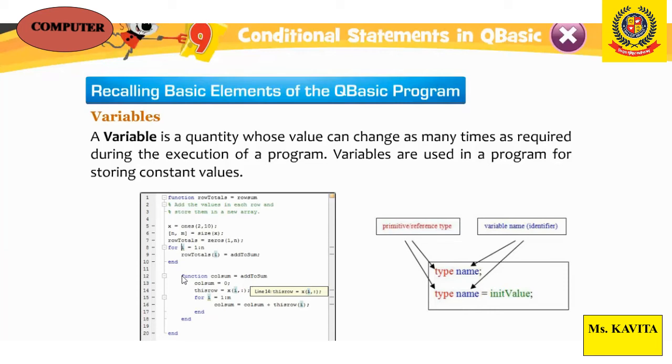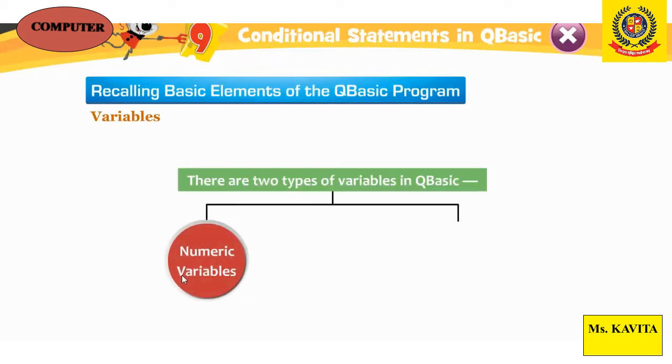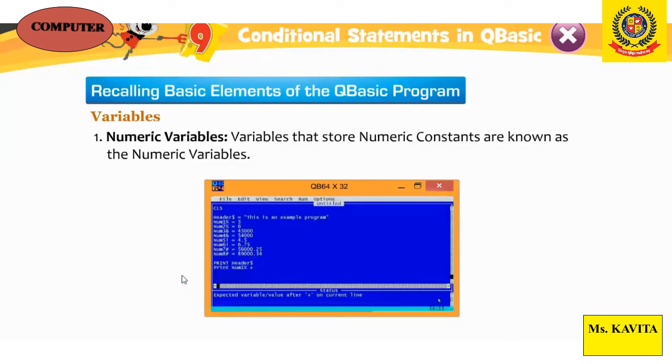So what is a constant? Constant is a quantity whose value does not change during the execution of a program. There are two types of constant, numeric constant and string constant.